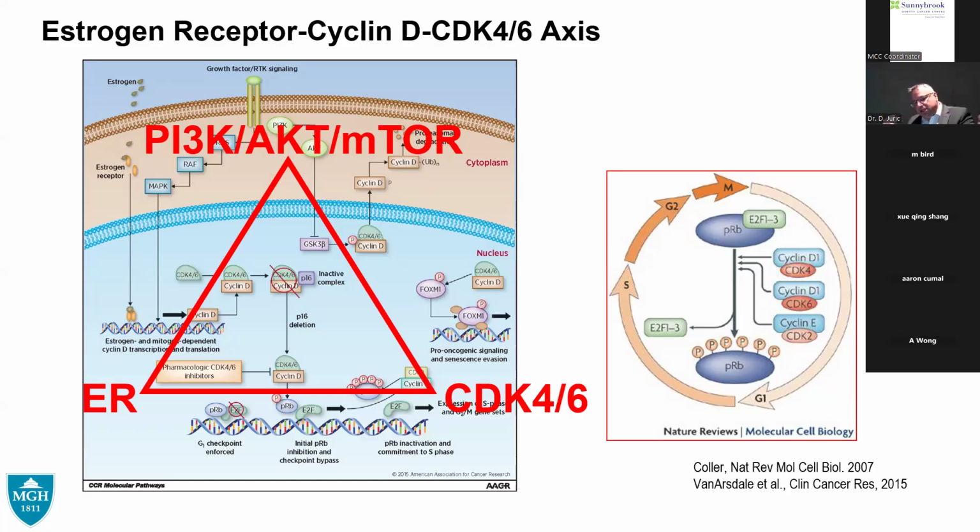And pretty much anything you do to one component of that triangle will result in some sort of reaction or effect at the other part of this triangle. And a lot of drug development is trying to do several things: either optimize or improve inhibition of a particular node, novel ER agents, novel CDK inhibitors, novel PAM pathway inhibitors, develop their combinations, either doublet or triplet, or even higher order combinations.